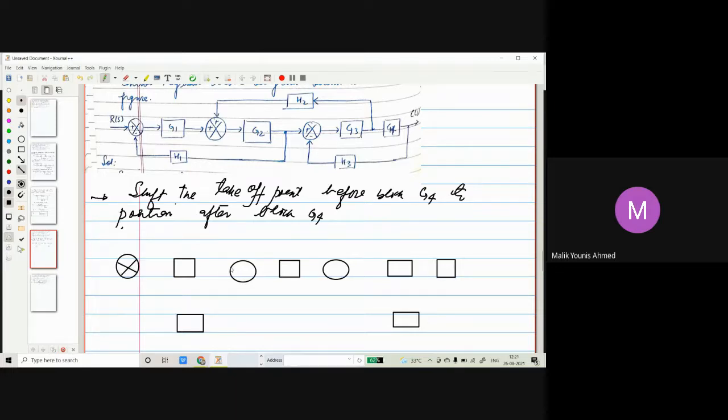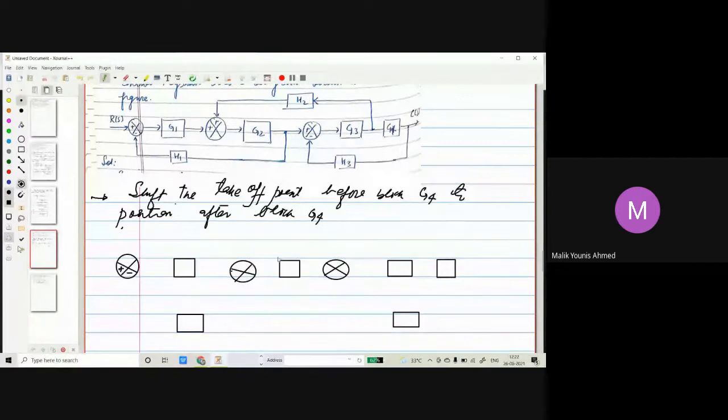Summing point this. We have a summing point here. This is a summing point. First is plus minus.